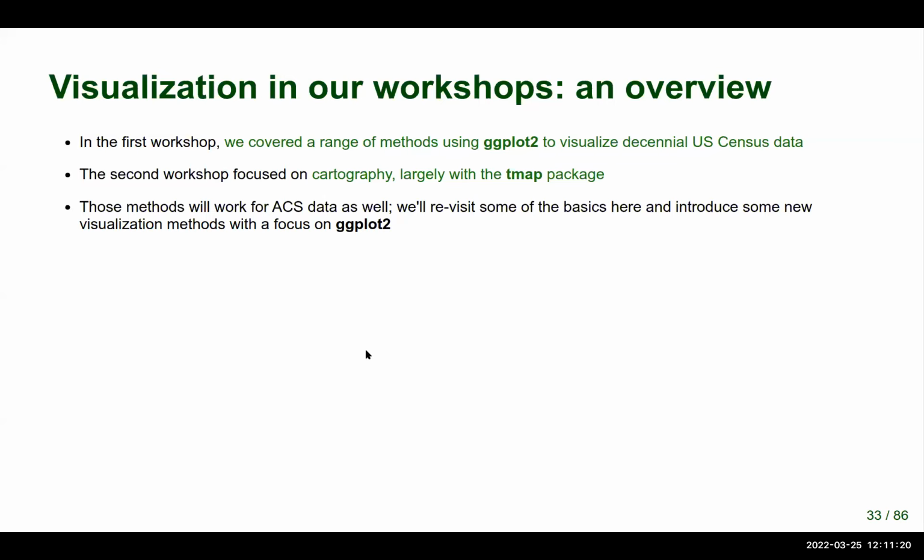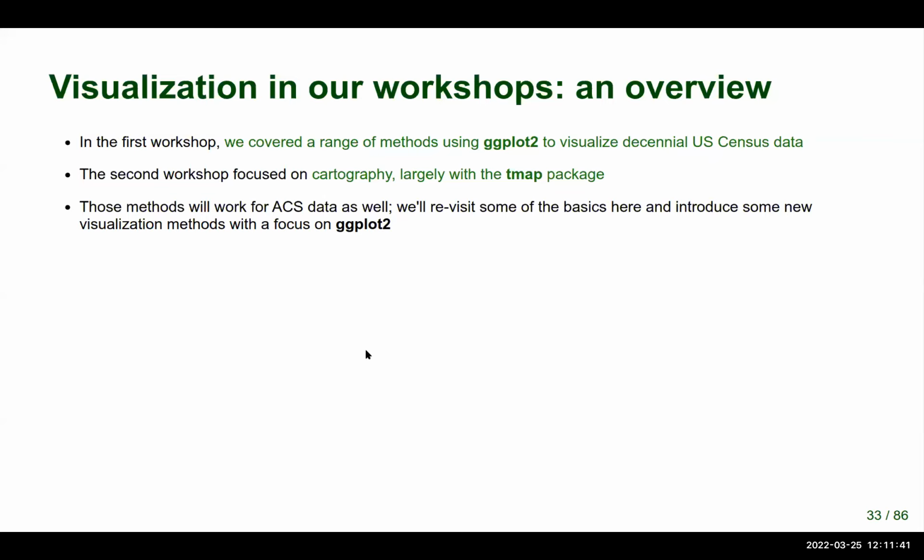So this portion of the workshop is a repackaging of some of that content from previous workshops, but showing some tailored examples for the ACS, because of the decennial data, and this is a challenge I ran into in preparing the visualization examples.